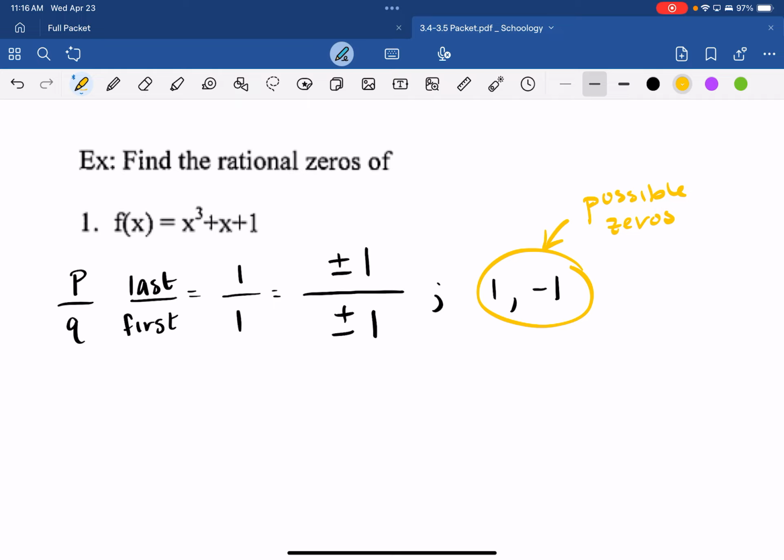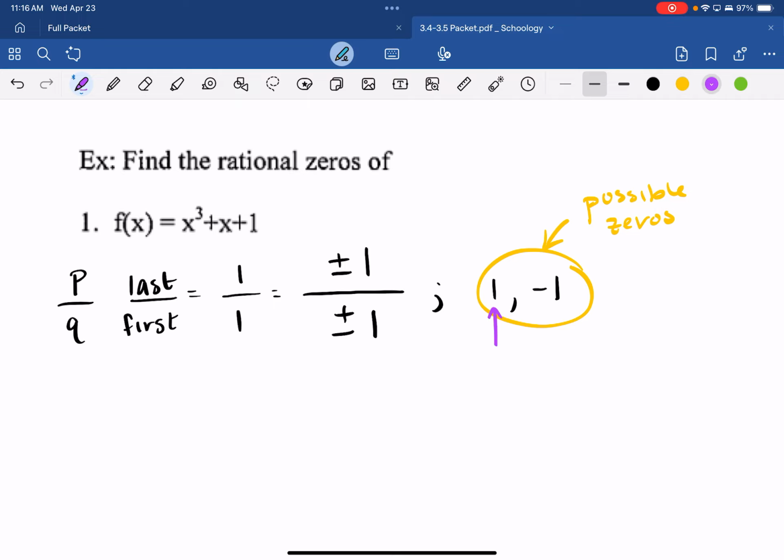Now, like I said before, today is going to be really important in terms of understanding why we're doing something or what we're doing as opposed to just memorizing how we do it. I said those are possible zeros. If something's a 0, that means it crosses at the x-axis. And we talked about last chapter that if something is a 0, it's also a factor, right?